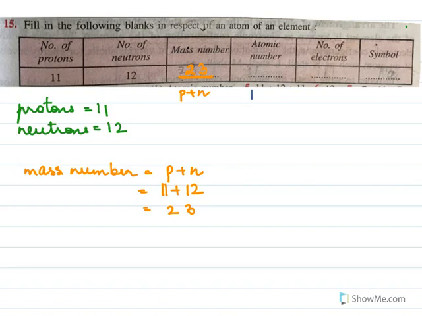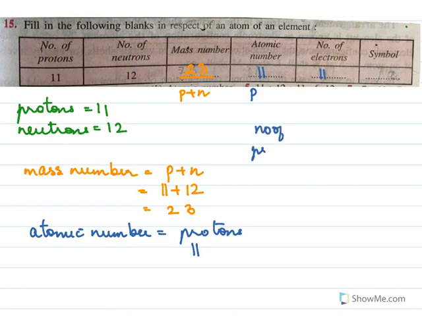Next I need to find atomic number. Atomic number is number of protons. So atomic number equal to number of protons. And number of protons we see is 11. So here I put 11. Now number of electrons will also be 11. Why?